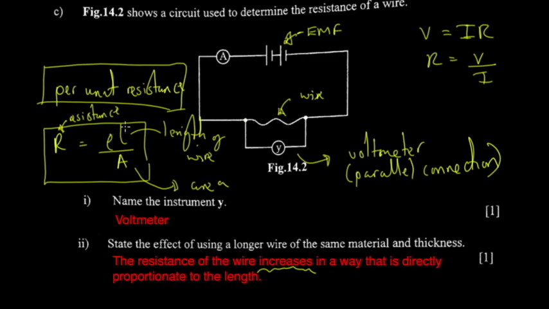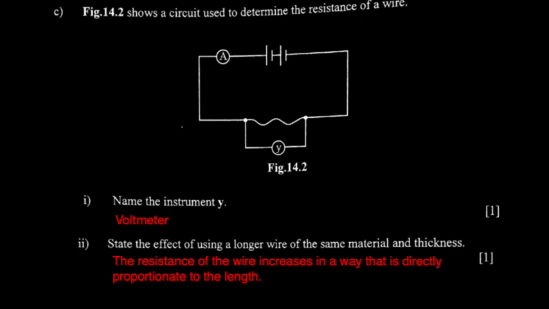So for copper, depending on the actual material, you'd have the resistivity values there, and for aluminum, it's also the same thing, on and on. So just knowing the formulas helps you unpack some of those questions. So the resistance increases, you can stop at this, but then you can also say it increases in a way that is directly proportional with the length, and then that's it. Let's move to the next part.